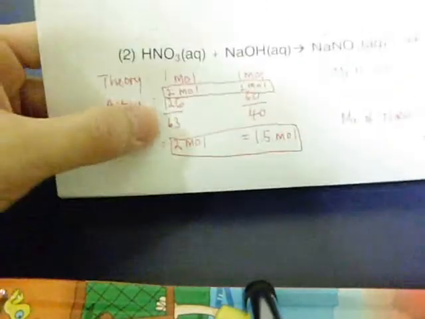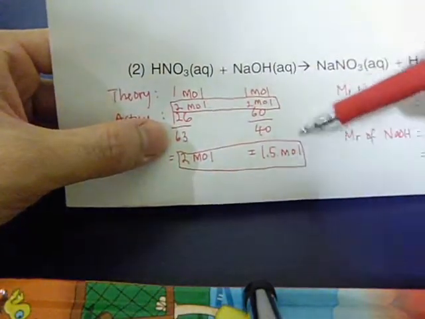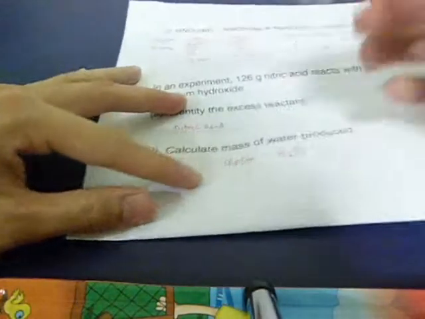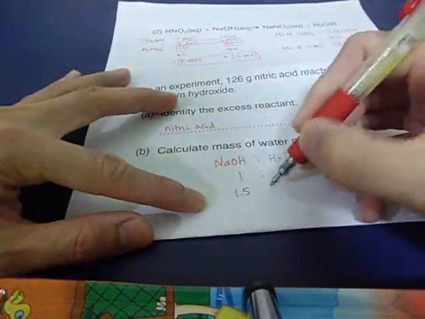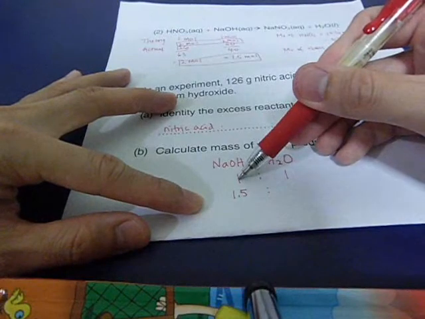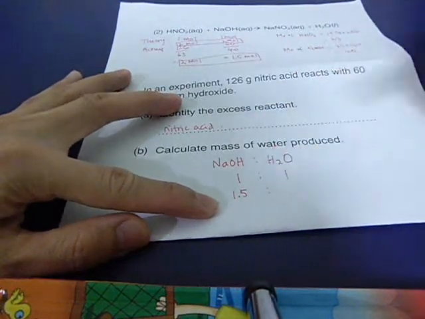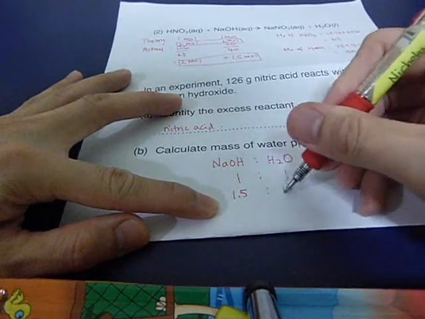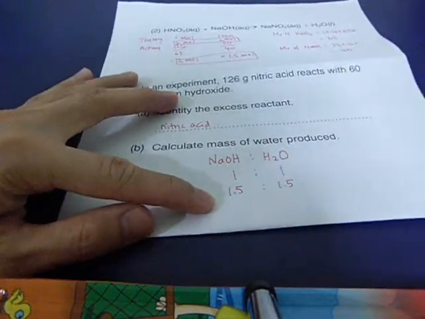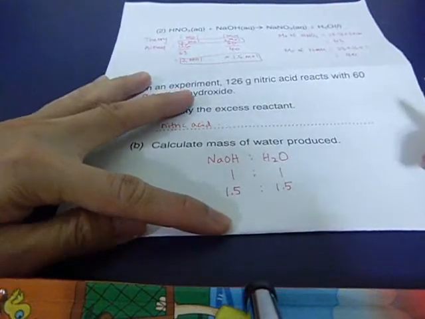The amount of limiting reactant used is 1.5 mole. 1 mole of sodium hydroxide produces 1 mole of water, so 1.5 mole of sodium hydroxide would similarly produce 1.5 mole of water.